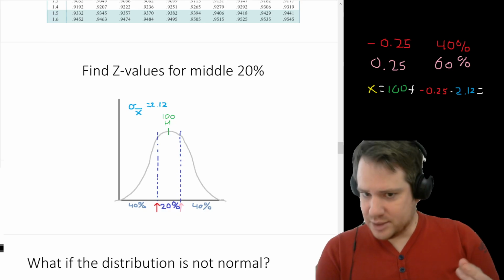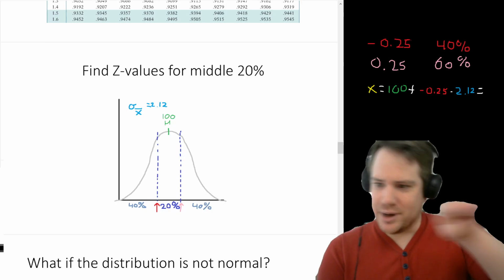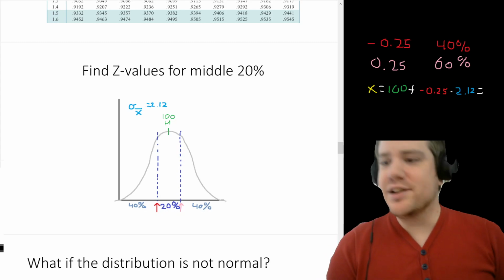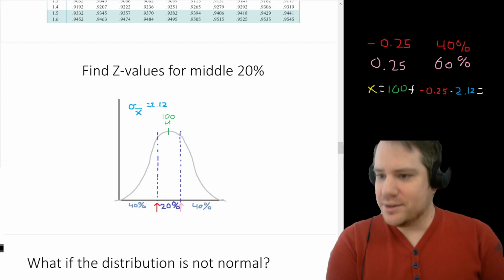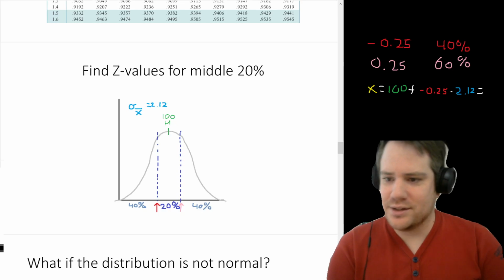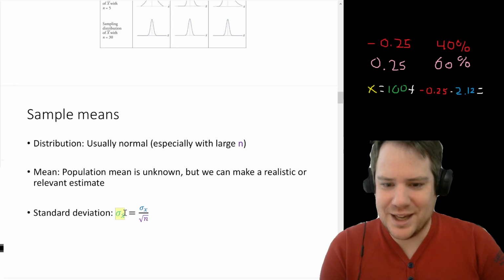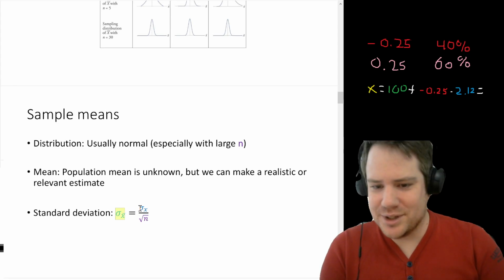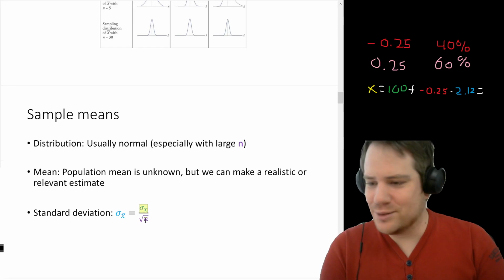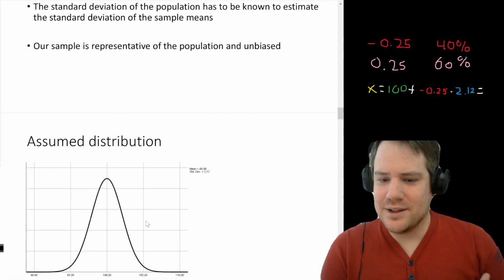So this is not the population standard deviation, it has an x bar. So this has already, so to speak, been divided by the square root of n. It's this one. We already have this one specifically, so we don't have to divide it by square root of n or anything.